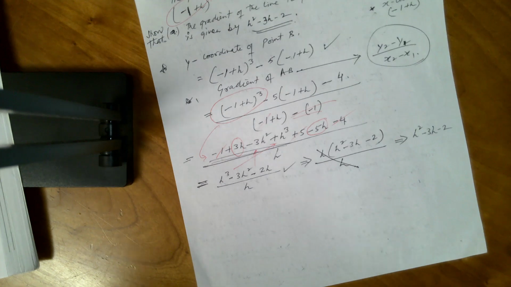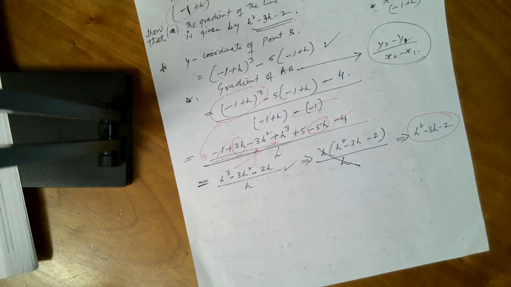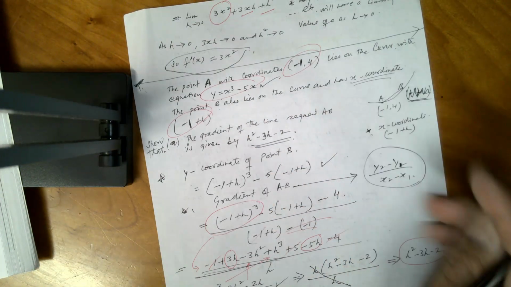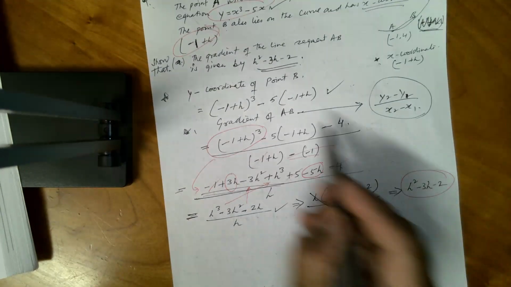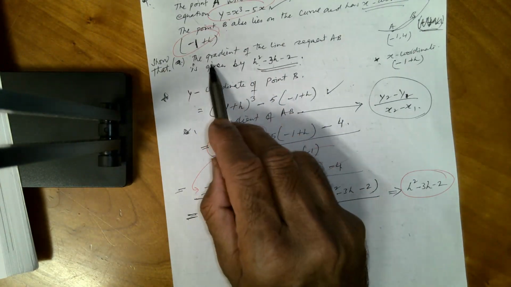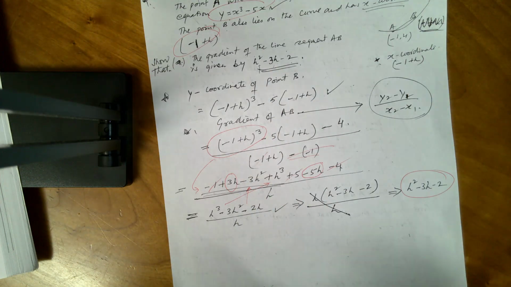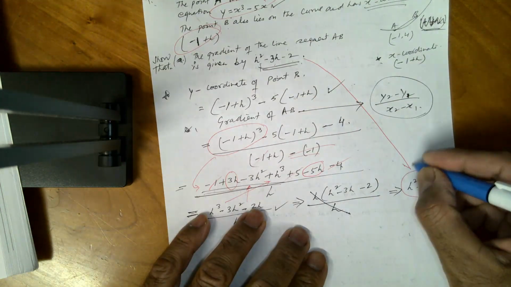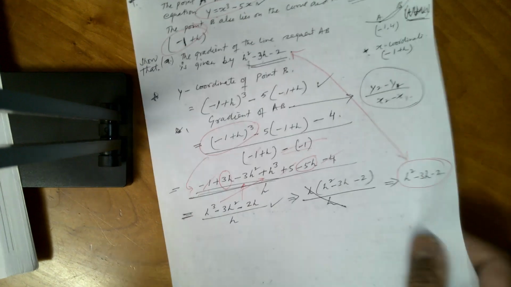Now what else has been asked here? That was your part a, so we got this exactly the same, h square minus 3h minus 2. So the gradient of the line segment AB is given by this, and this is exactly what we have achieved.